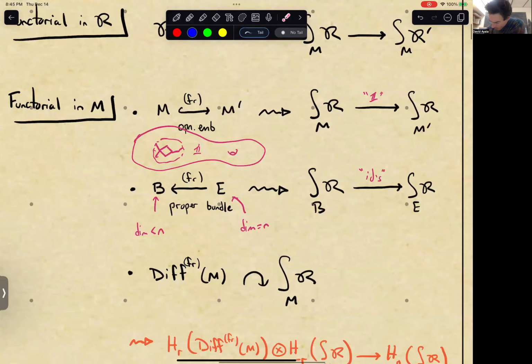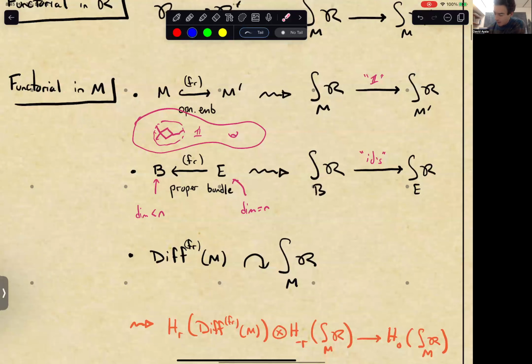This is something I'm quite curious about: what this results in. Even if one is only interested in H0, one can produce elements in H0 from negative degree elements in this, essentially the Skein module, and positive degree elements in diffeomorphisms.